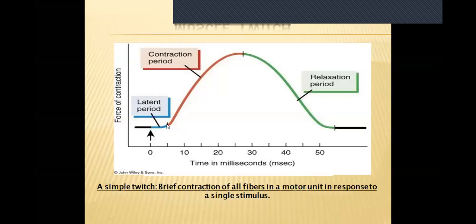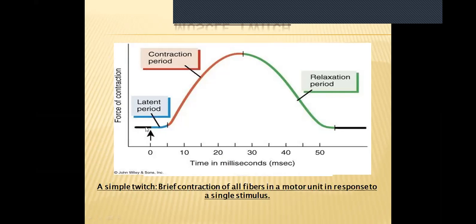And this is the graphical representation of a twitch. In a twitch, three phases will be there. One is the latent phase, or gap phase, or lag phase. In this latent phase, it will take around 2 milliseconds.